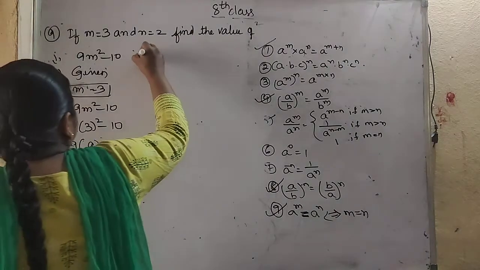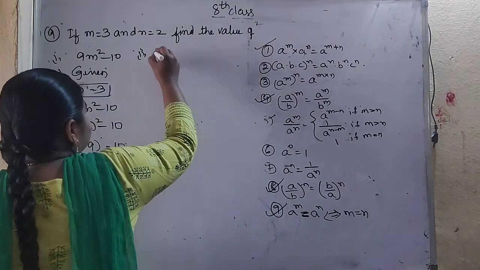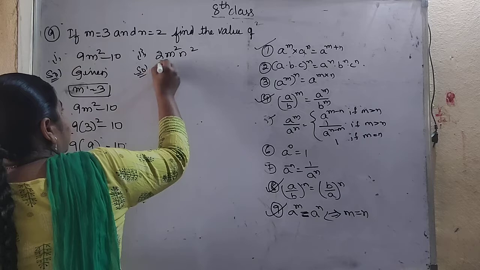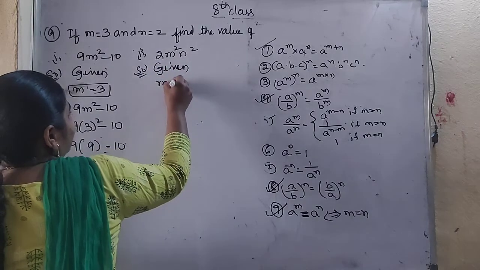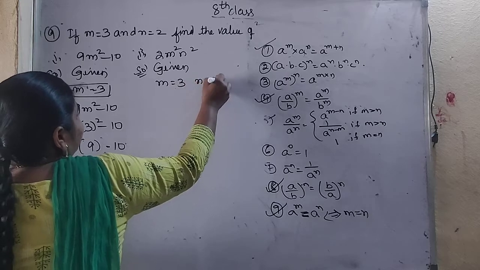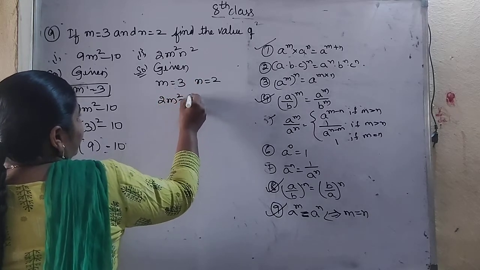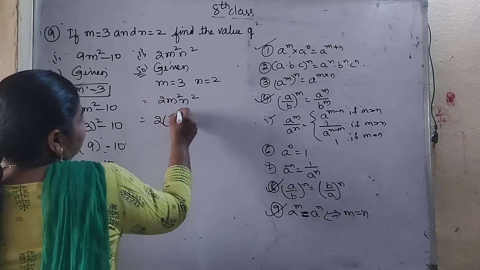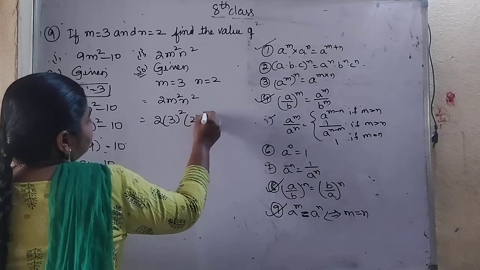So next one: 2m square n square. So here m value we have to substitute and also n value. So m value is 3, n value is 2. So what is the expression? 2m square n square. So in place of m we have to substitute 3 square, and in place of n you have to substitute 2 square.